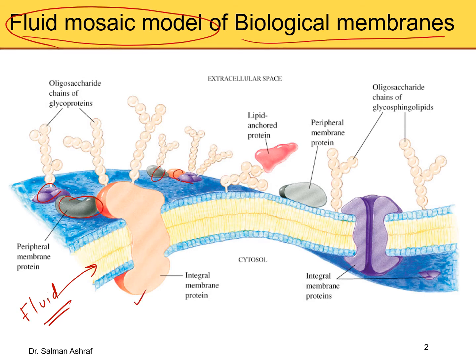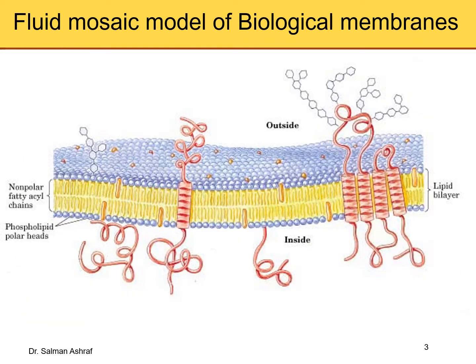You have the integral proteins, the peripheral proteins, the oligosaccharides or glycolipids, the lipid-anchored proteins, as well as the proteins that have glycosyl moieties, or what we call glycoproteins. We saw them last time, and the same thing is shown here.